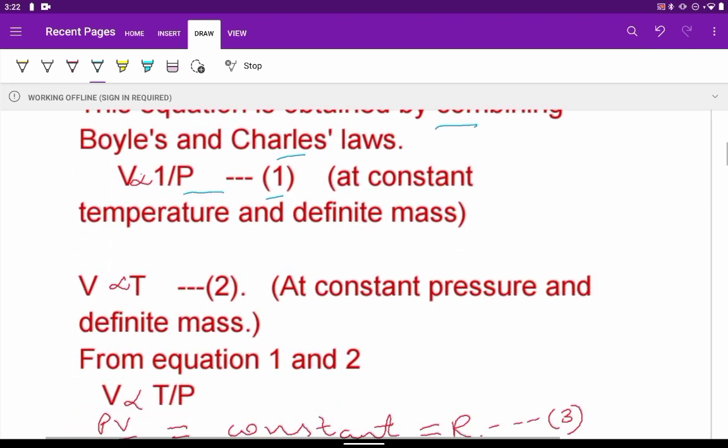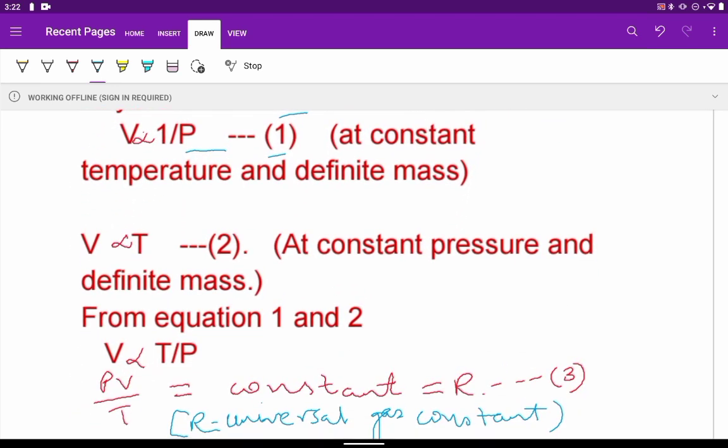Another is the direct proportionality between volume and temperature, V is directly proportional to T. This takes place at constant pressure and a definite mass. Let this be equation number 2.